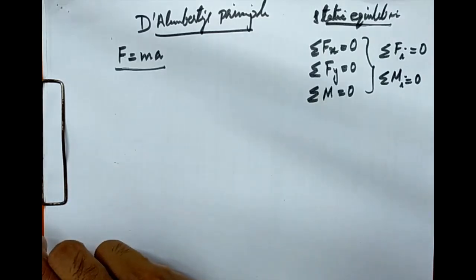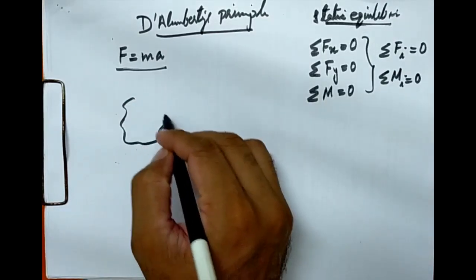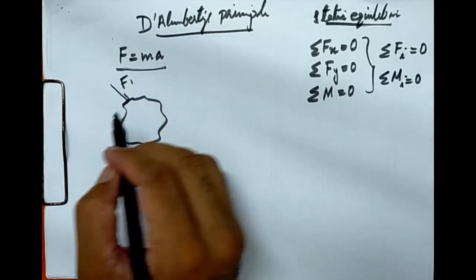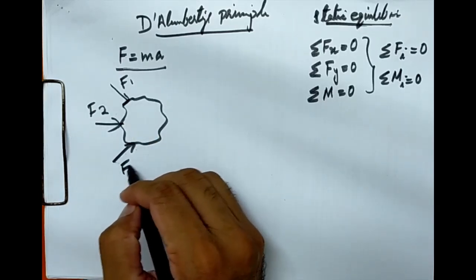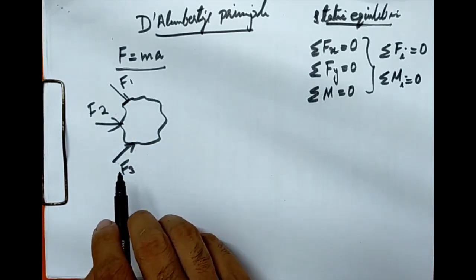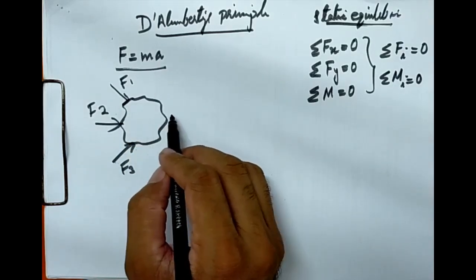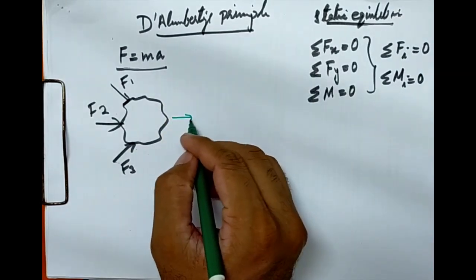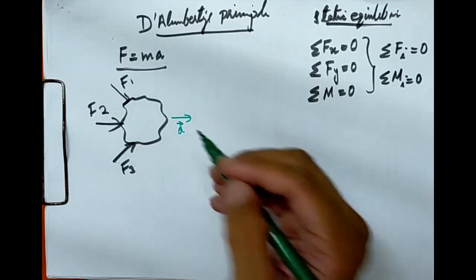As per D'Alembert's principle, consider an object. Say I have an object and different forces are acting on it, say F1, F2, F3. And the effect of these forces is that this object is moving in this direction with an acceleration a.